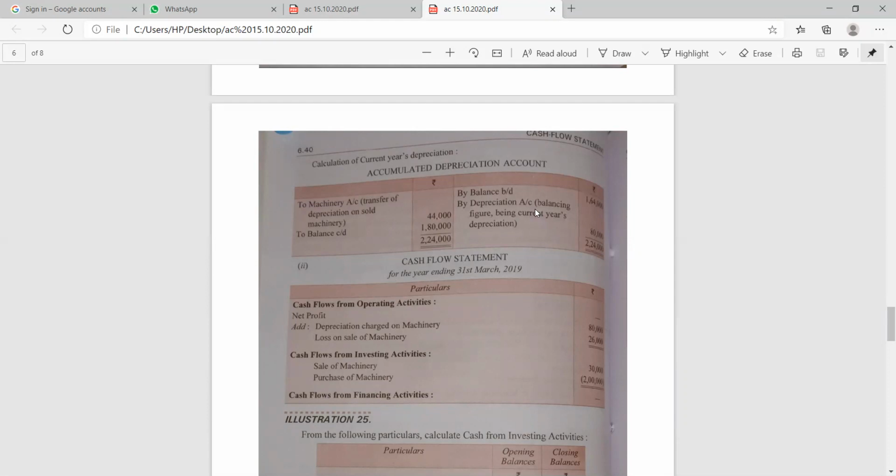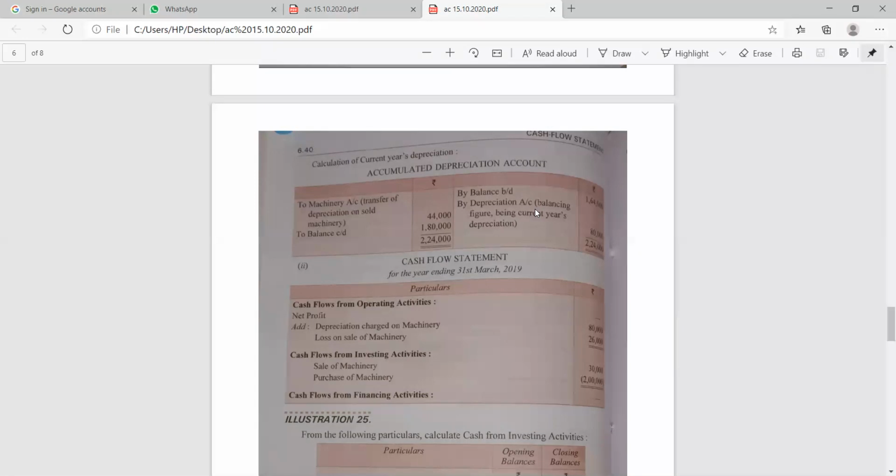Please mark it, what to do with this. This is shown in operating activity. Please mark, the current year depreciation is always shown in the operating activity. Please write it down and note it in your books. And the depreciation that is given on the machinery or any asset for sale is shown on the debit side of accumulated depreciation account.